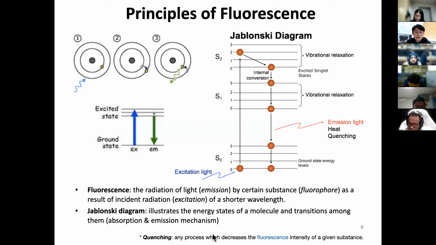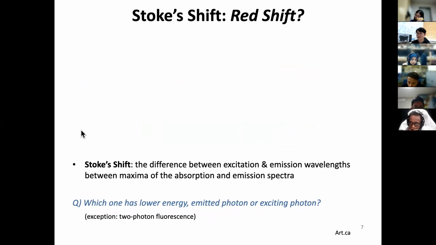For example, you have a fluorophore molecule like rhodamine, and you consider that a higher fluorophore concentration will give out higher fluorescence, but experimentally you'll find sometimes it's not true, because when the concentration is too high, they actually self-quench. So it's not always helpful for you to generate fluorescence. That's when quenching becomes important.